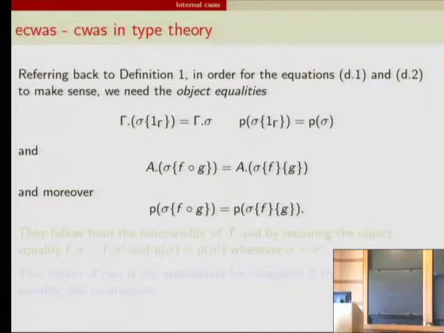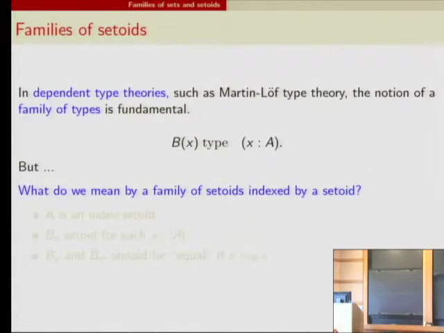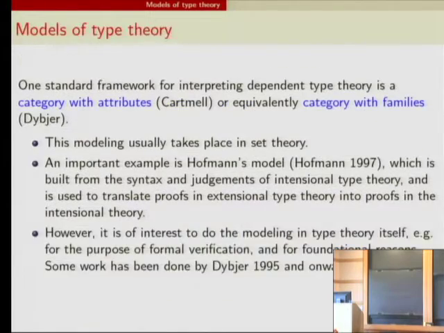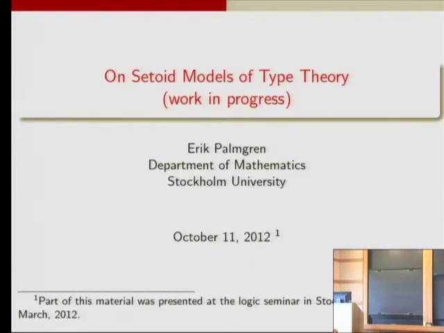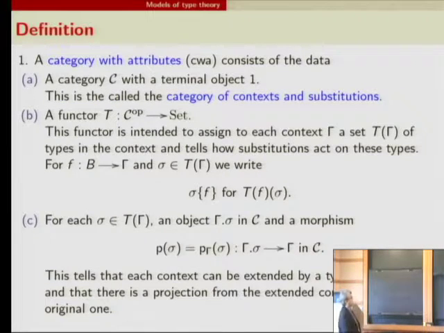If you go back to this first, I'm not sure I can jump so fast here. Recall now we are looking at CWA, and we want to understand this with an E category instead of an ordinary category.